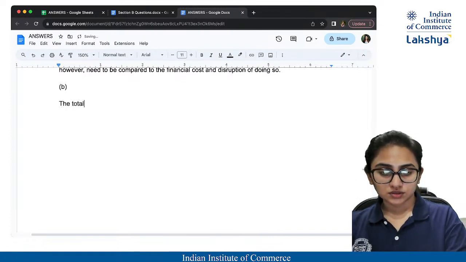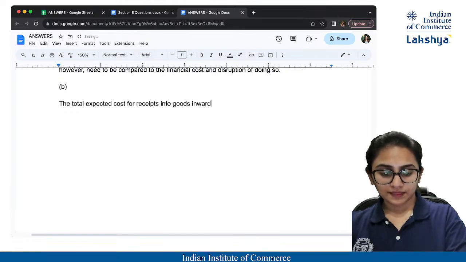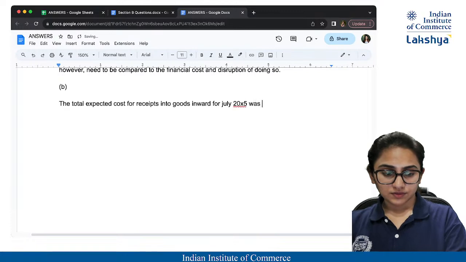The total expected costs for receipts into goods inward for July 20x5 was $19,825.